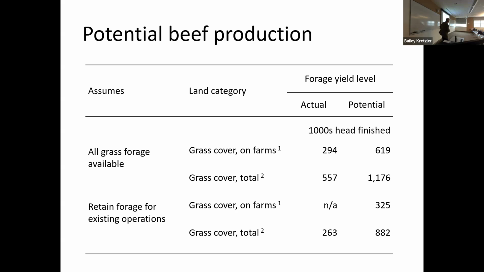Here's what we found. So if you look at the box at the top, I've got numbers out to 4 significant digits, and they're not significant. I'll come to that in a moment. But focus on the relative magnitudes here. About 300,000 head to be finished at current yield levels on the land that's in farms.